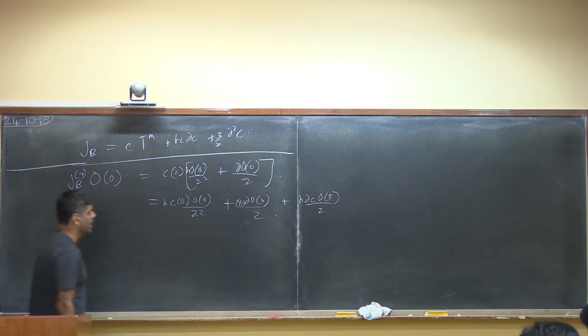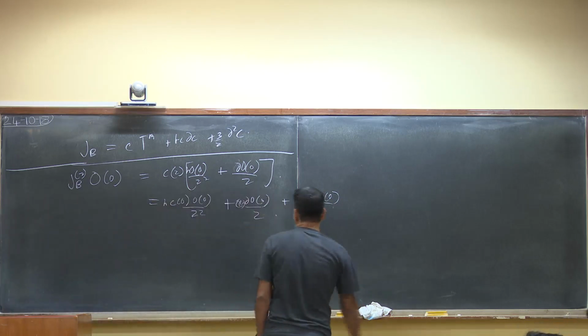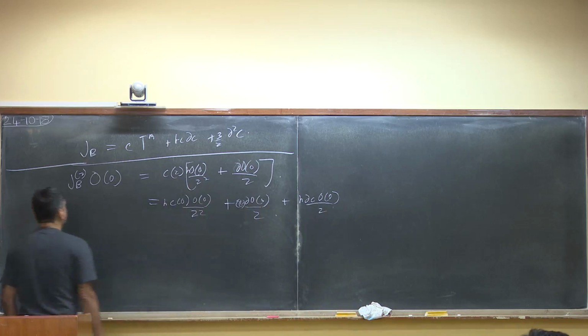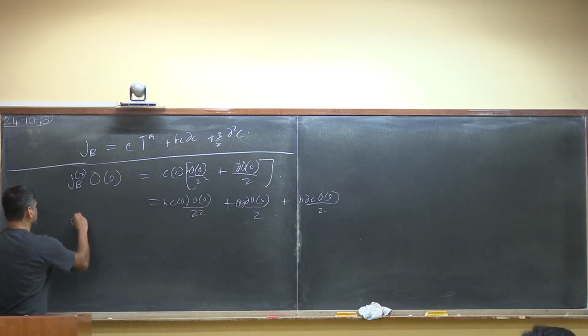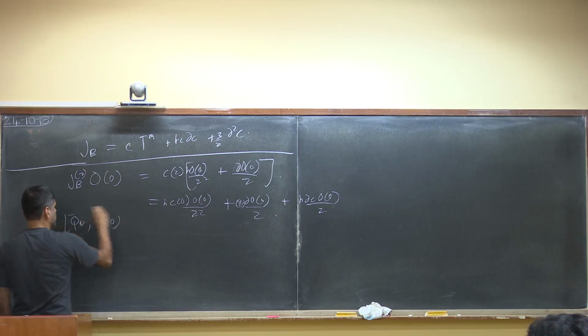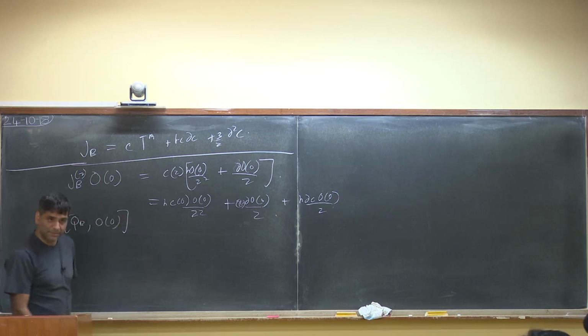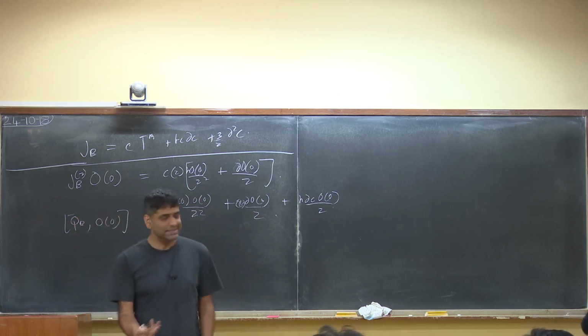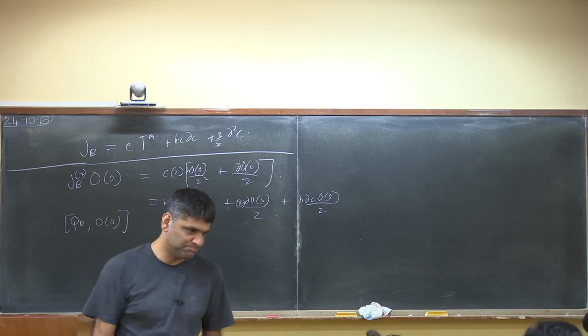Okay, so in particular, we conclude that the commutator of Q_BRST with this matter primary operator is, as usual, just the pole in the expansion.